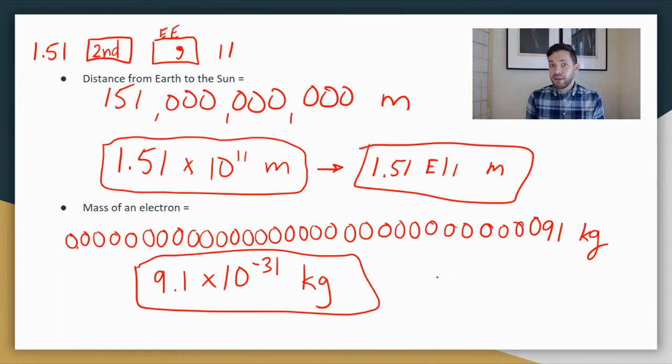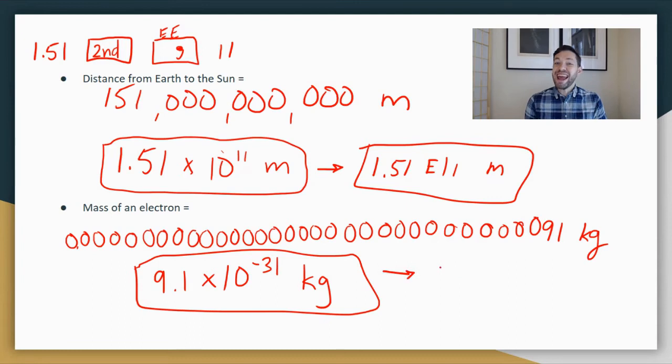Again, this is exactly the same thing. So here on the left, this is how humans write it. Here on the right, this is how machines write it, how calculators and computers write it. So if you see something like this on your calculator, you know that that's actually this, which is actually that. If you're doing the Google calculator, you can just type the letter E, and it does that as well. If it's something like a negative exponent, it's the same thing.